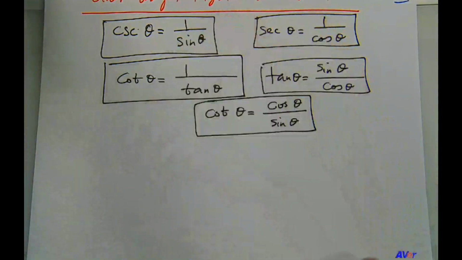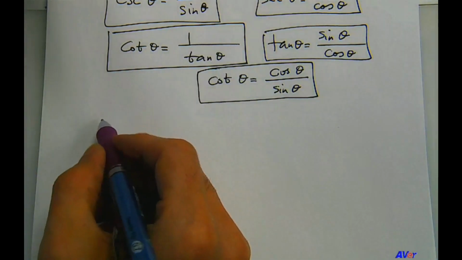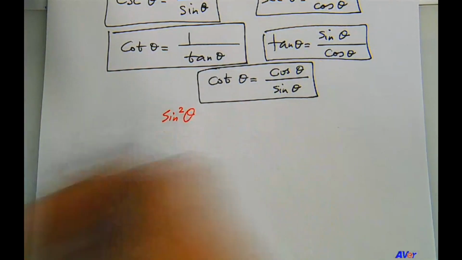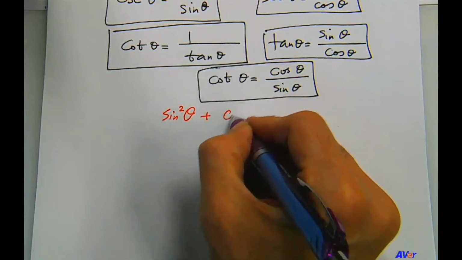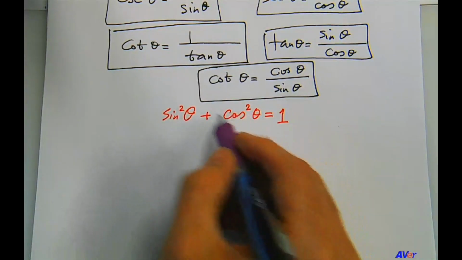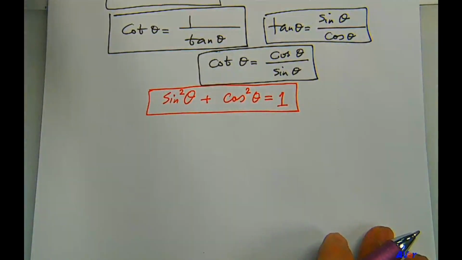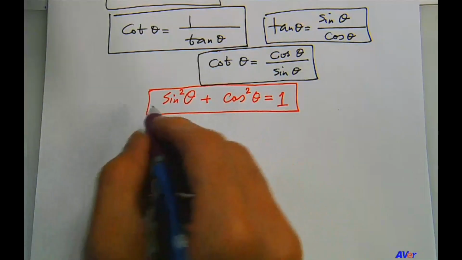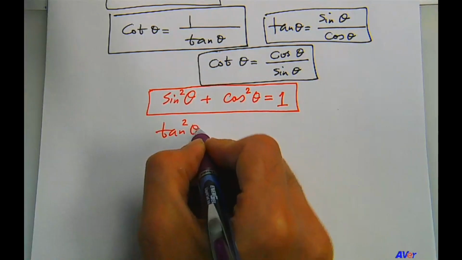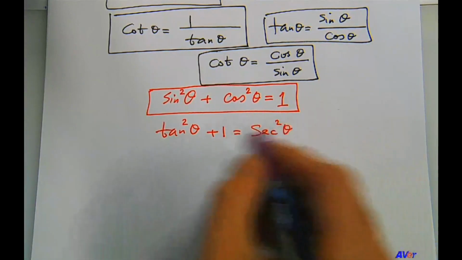Okay, so in addition to these, here are 3 very useful additional trigonometric identities. I'm going to write down the most useful and easy to use one first. So sine squared theta plus cosine squared theta is equal to 1. That's one of the very useful identities. The other one is tangent squared theta plus 1 is equal to secant squared theta.